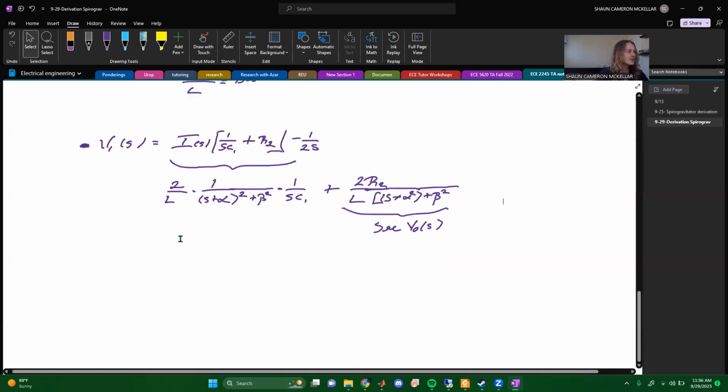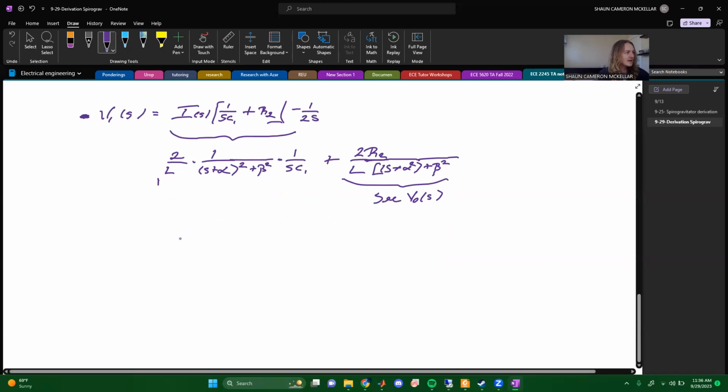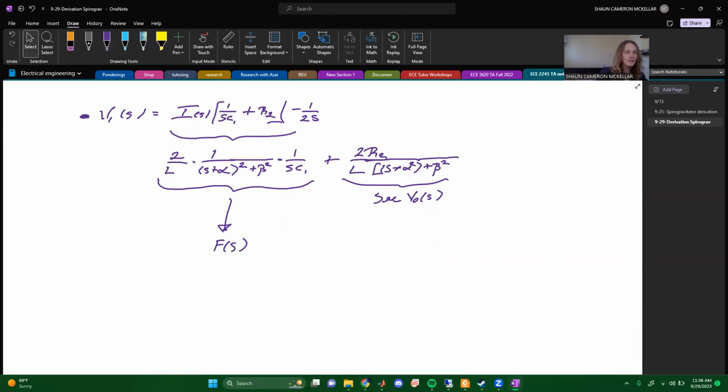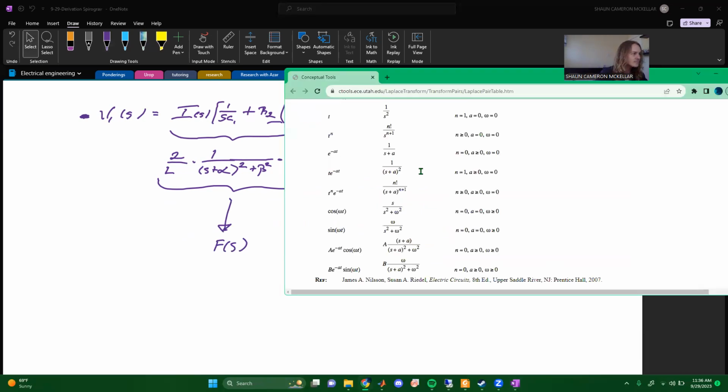But I am going to focus on this left term. This is the one that's kind of a pain. And this is the one that I want to call f of s. And I'll show you why. Because we pull out our Laplace transform pair, and I can see that I have this omega over s plus a squared plus omega squared times b.